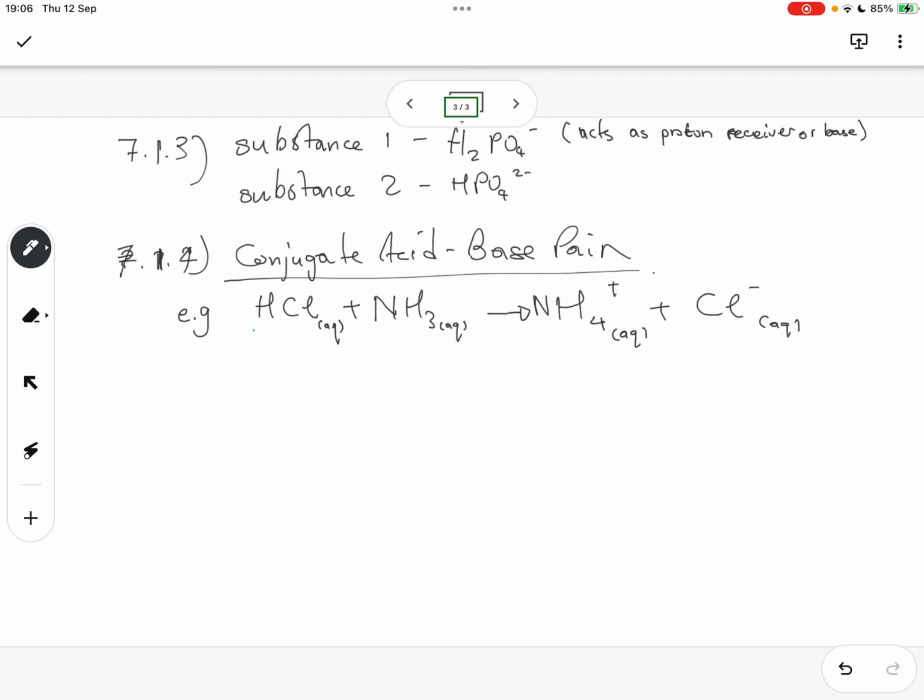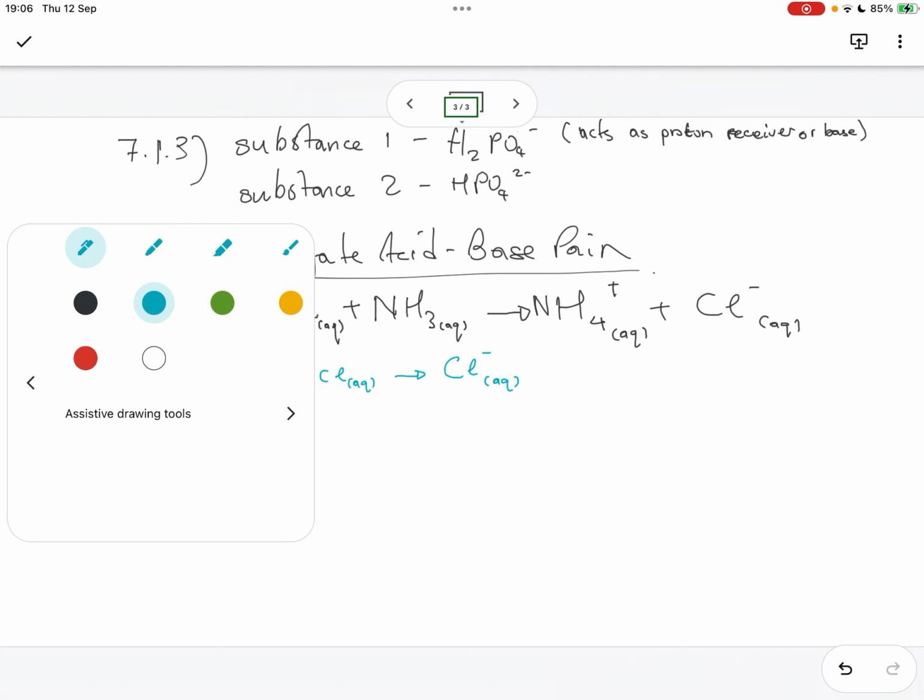So this HCl is an acid. So let's make the acids in blue. When we look at what happens to each of the reactants, hydrochloric acid gives the chloride ion, which is also aqueous.